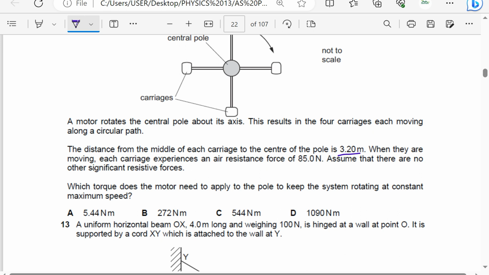When they are moving, each carriage experiences an air resistance of 85.0 newtons. Assume that there are no other significant resistive forces. Which torque does the motor need to apply to the pole to keep the system rotating at constant maximum speed?